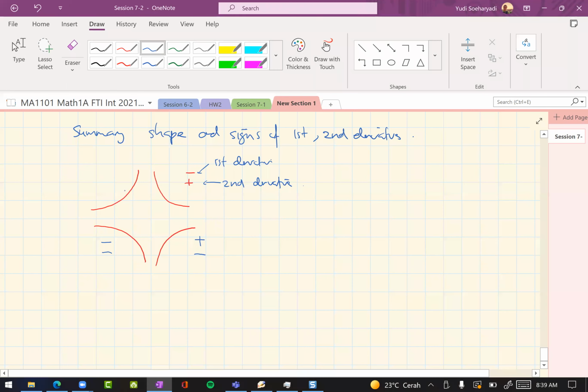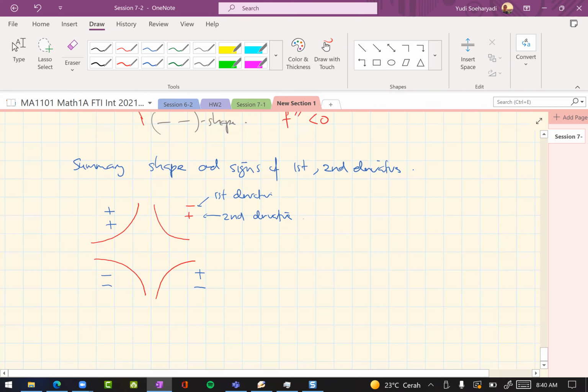This one is, let's see, increasing, concave up. Right? So those are the four shapes of the graph. So plus plus, minus minus, minus plus, plus. Okay. Questions?